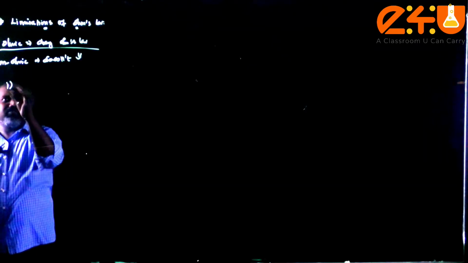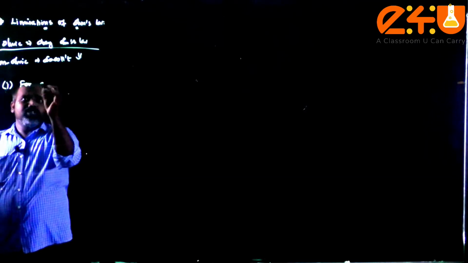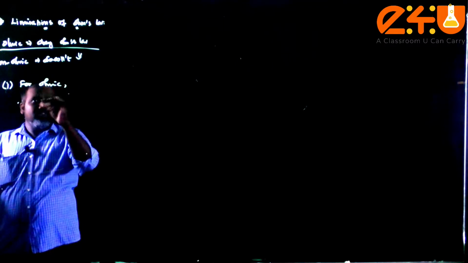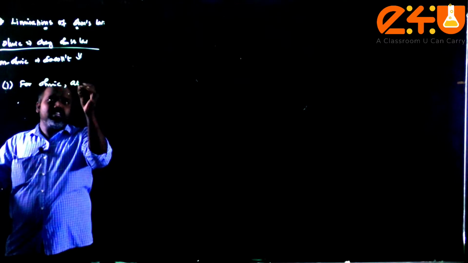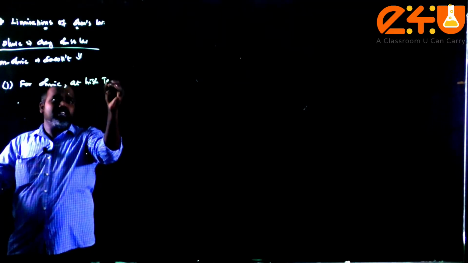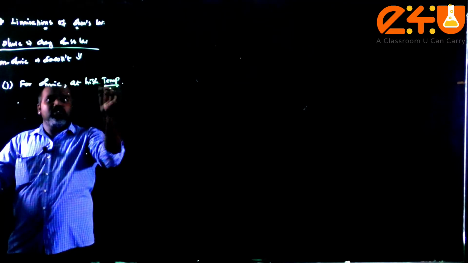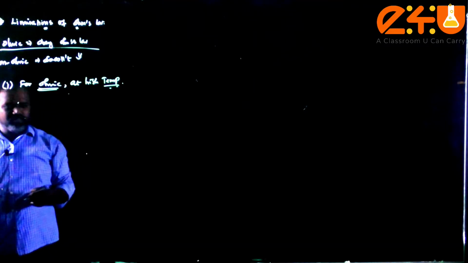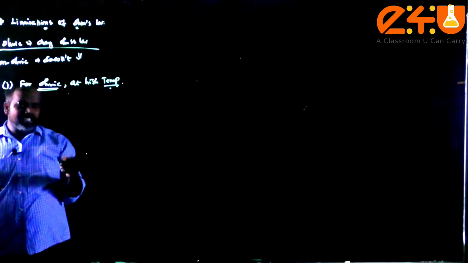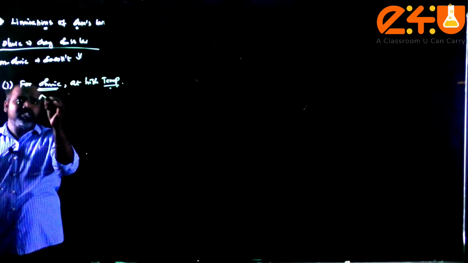The first limitation: even for ohmic substances which obey Ohm's law, at a higher temperature Ohm's law is not followed. That means Ohm's law is not valid for all temperatures.